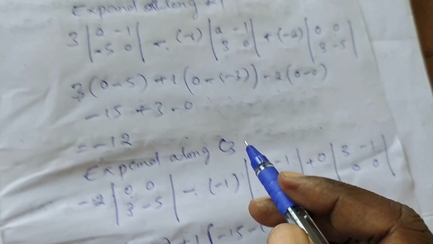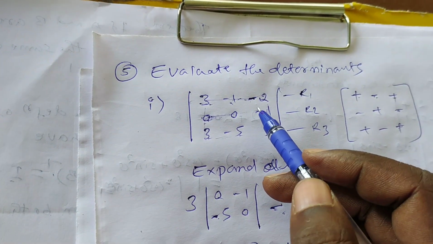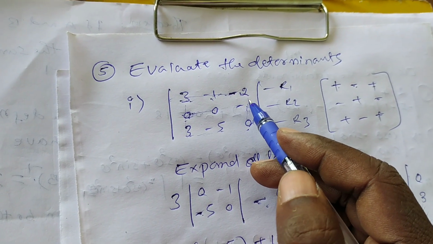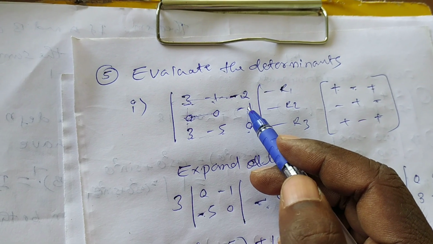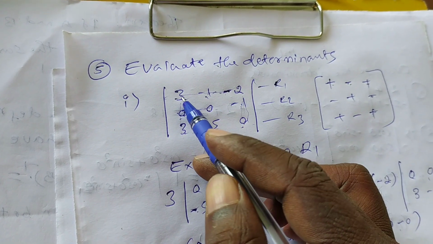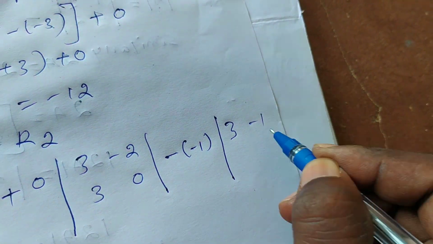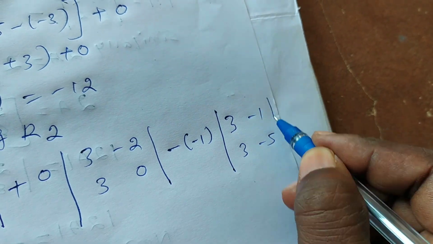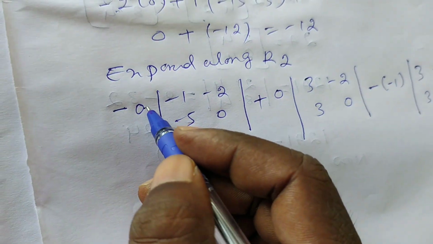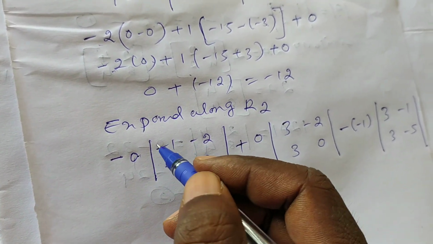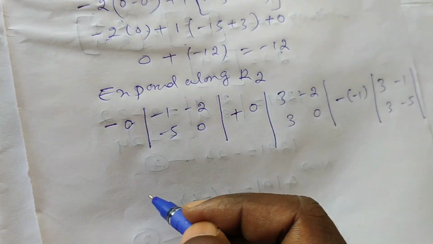The remaining elements after deleting the row and column in which minus 1 exists, you get 3, minus 1, 3, minus 5. If you multiply anything with 0, you get 0.